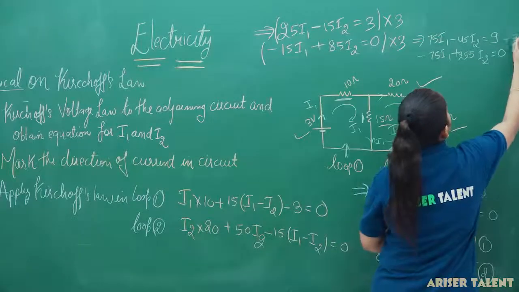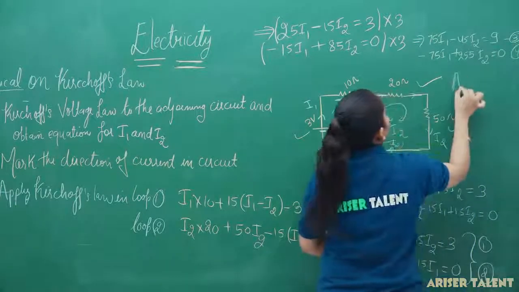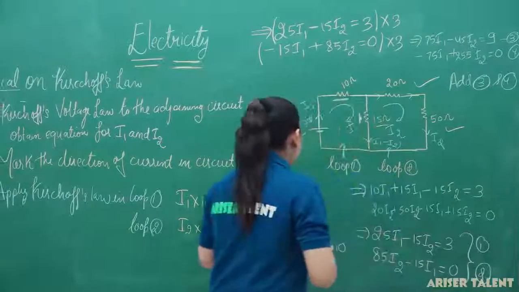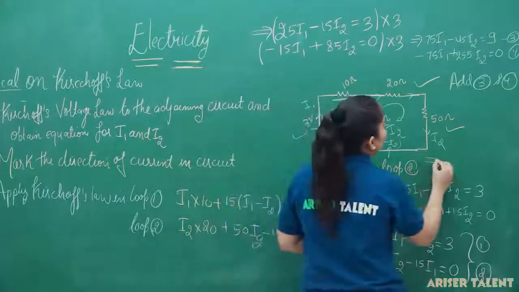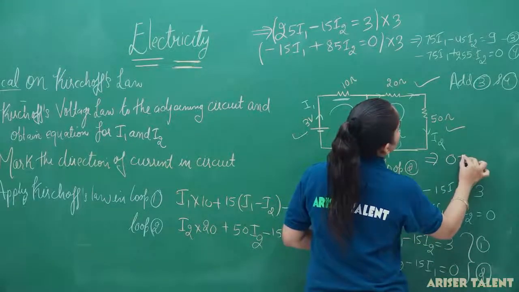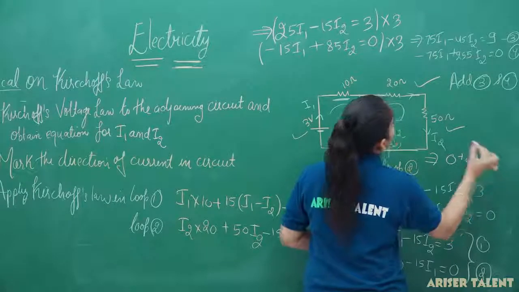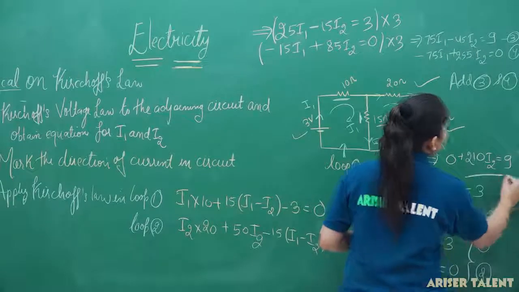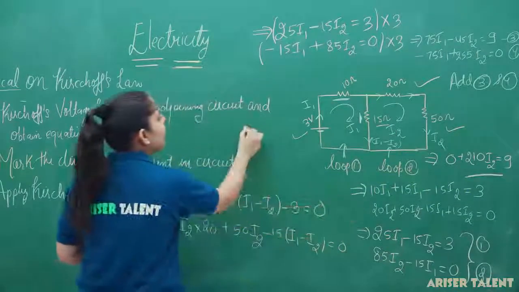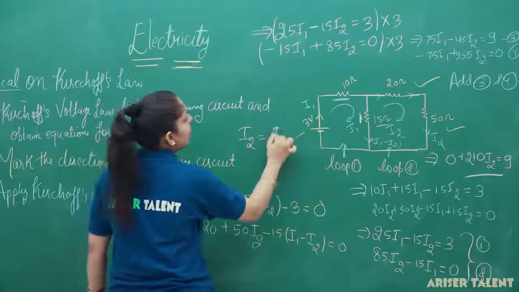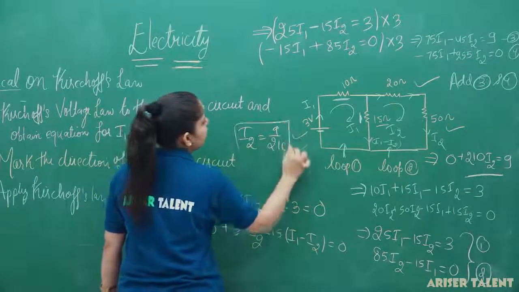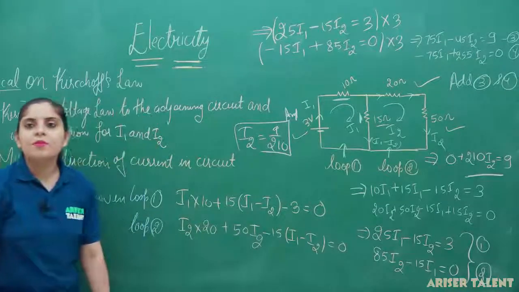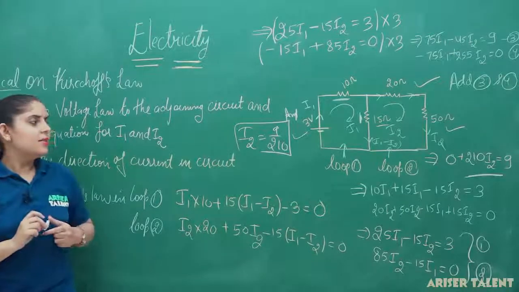This is equation number 3, this is equation number 4. On adding 3 and 4, what will you get? You will get 0 plus 0, and 210 I2 equal to 9. So, finally, the value of I2 is equal to 9 upon 210. On substituting this value in equation number 1, we will get the value of I1 in a similar manner.